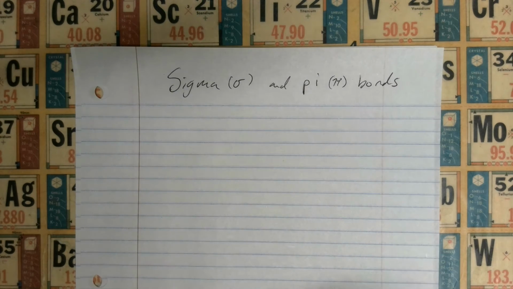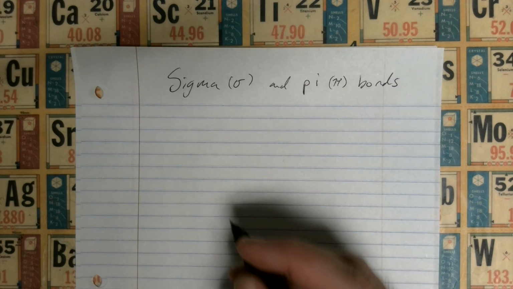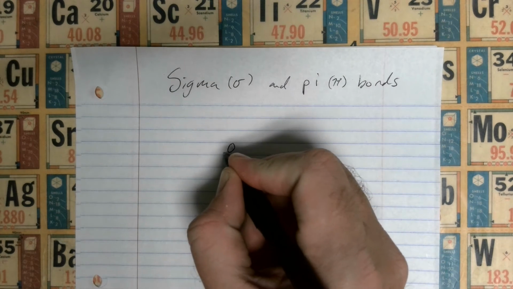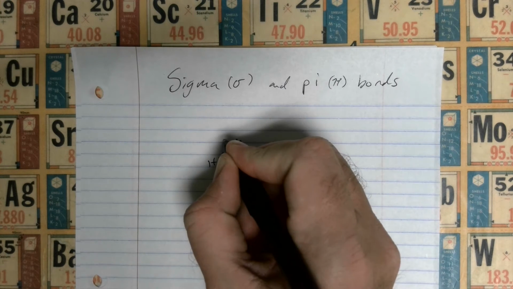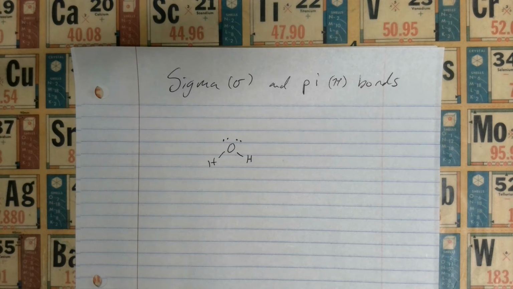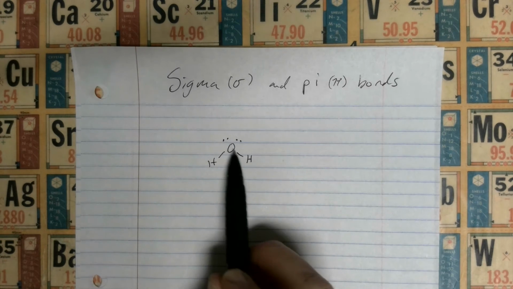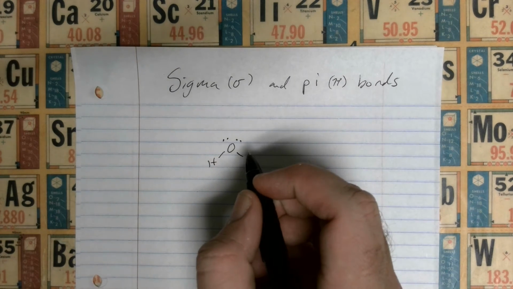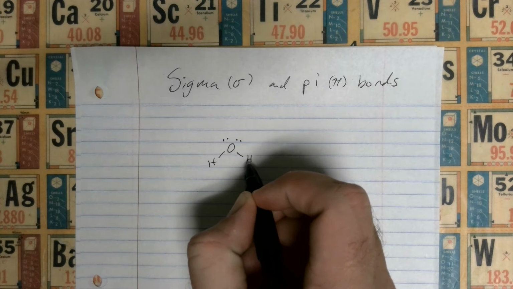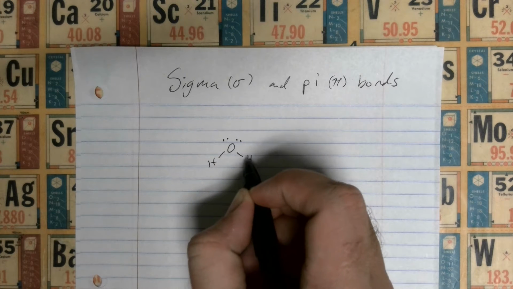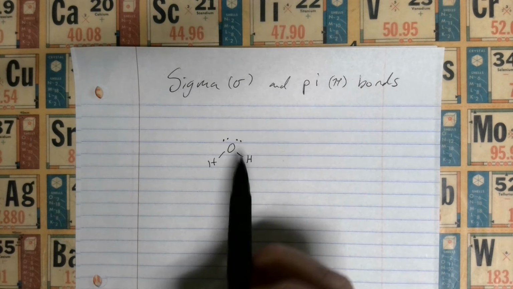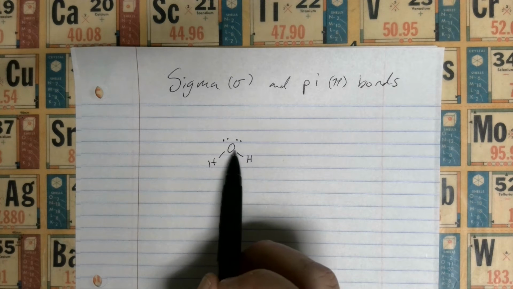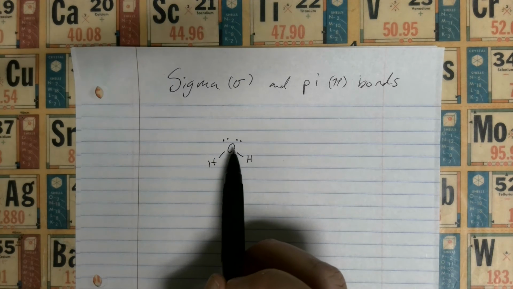So the bond that we normally talk about, if we had, for instance, H2O, looks something like this. These bonds between the hydrogen and the oxygen are an overlap of the orbital that the electron in hydrogen is in, as well as the orbital that the electrons in the oxygen are in.